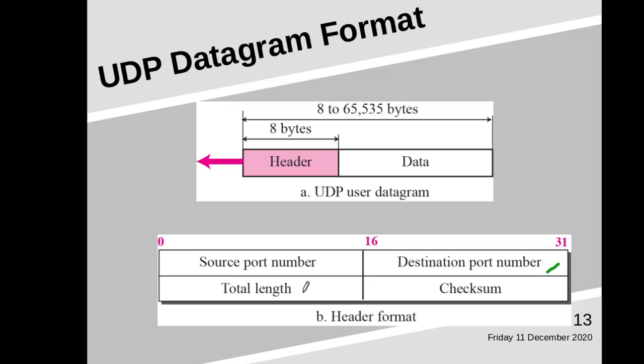Here it is total length. This 16-bit field defines the total length of the user datagram, header plus data. Okay, so this length, you can see it is 16 bits, so the length can be from 0 to 65,000 something bytes, right?